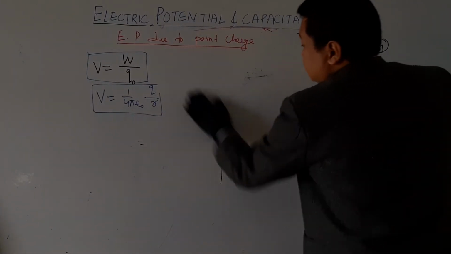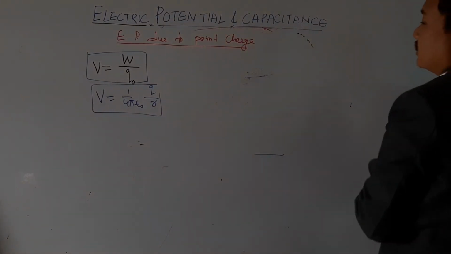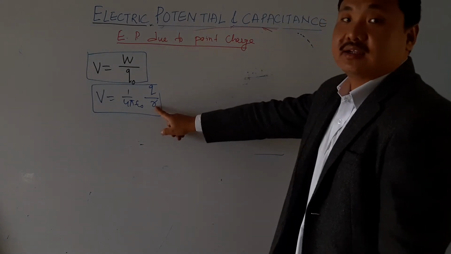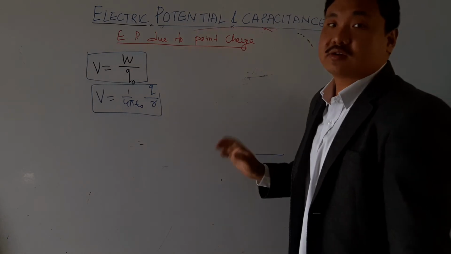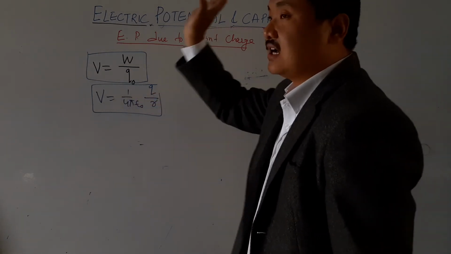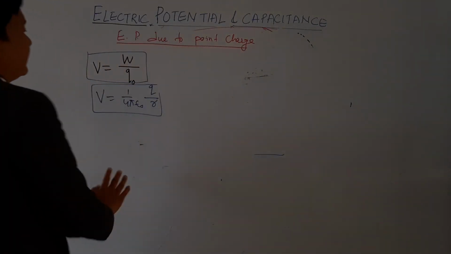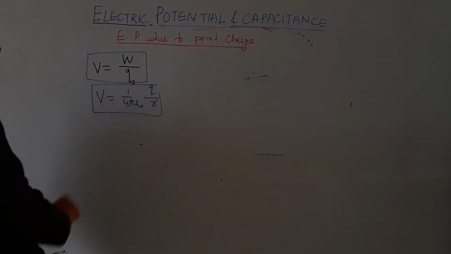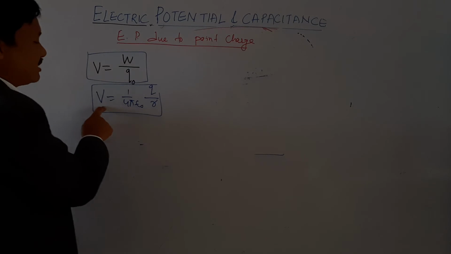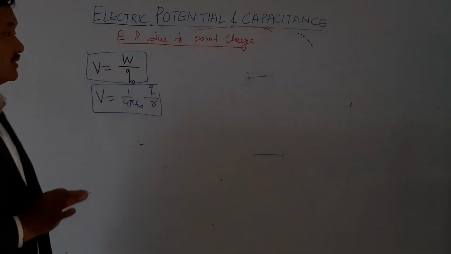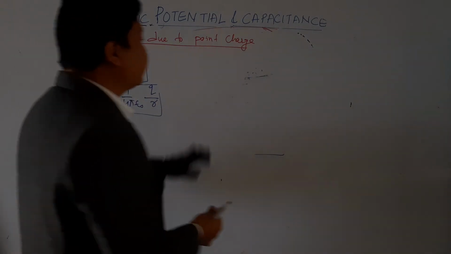In electric field there was R square. In potential there is no R square. So all the things are very similar with electric field. Electric field will have 1 by 4 pi epsilon naught Q by R square, but potential doesn't have R square. So this is how you can remember.